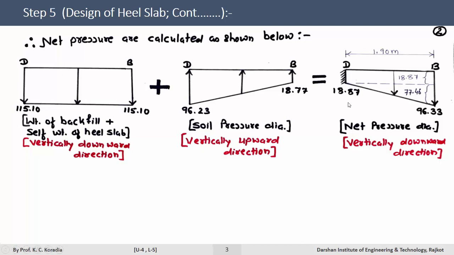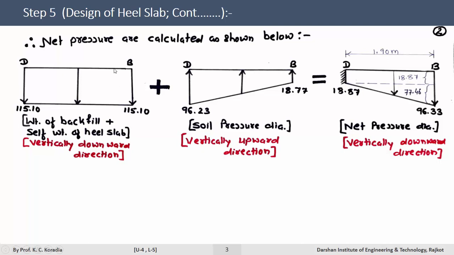This value is obtained by subtracting 96.23 kilonewton per meter square from 115.10 kilonewton per meter square. 115 is acting in a vertical downward while 96.23 is acting vertically upward. Therefore, 115.10 minus 96.23 will give 18.87 kilonewton per meter square in a vertical downward direction.